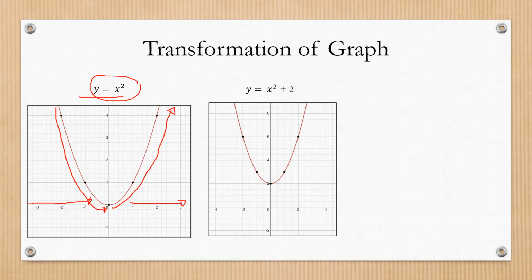So, tingnan ninyo, as x approaches 0 from the negative side, the graph is decreasing, nagdi-decrease. But when x is already greater than 0, meaning papunta na siya sa positive side, nag-i-increase na ngayon ang ating graph.